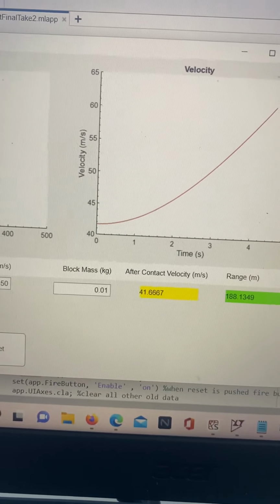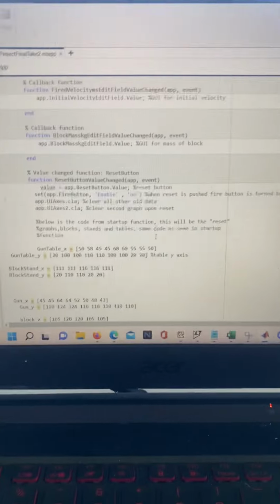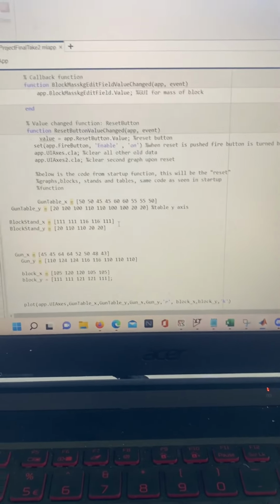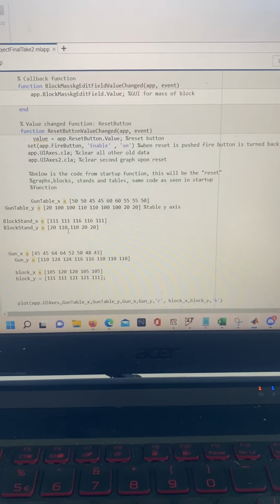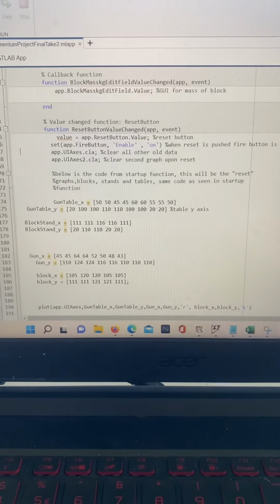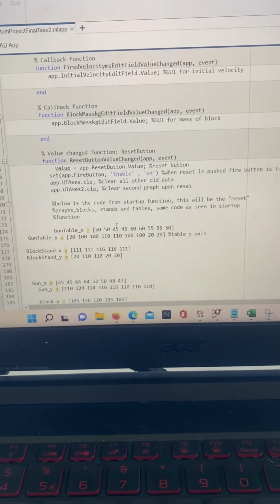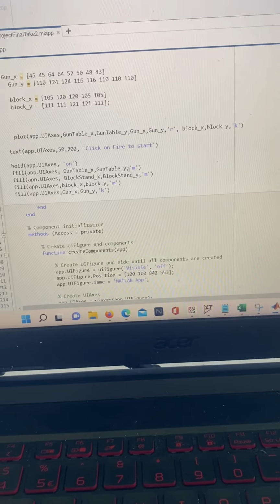And I can show you how I wrote that in my code. So here we had to define the block stand, the gun table, the gun. We had to use vectors to define that. All right here, and then it was filled in right down here.